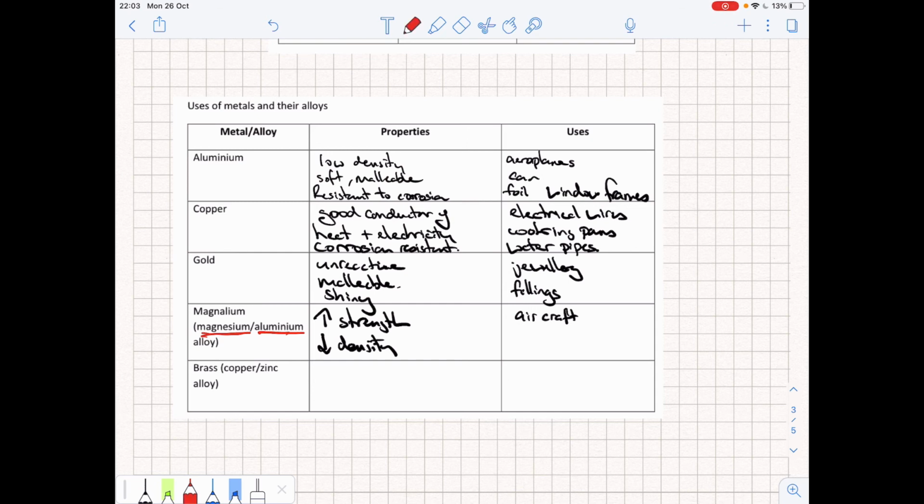Brass is an alloy of copper and zinc. Brass tends to be used, or let's do the properties first. So it's got a nice appearance. Okay, it looks good. Nice colour, shiny. It's quite hard wearing.